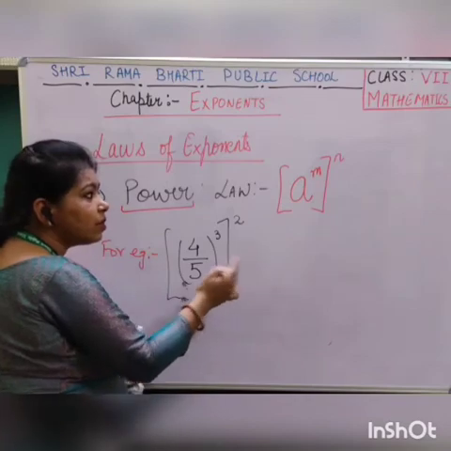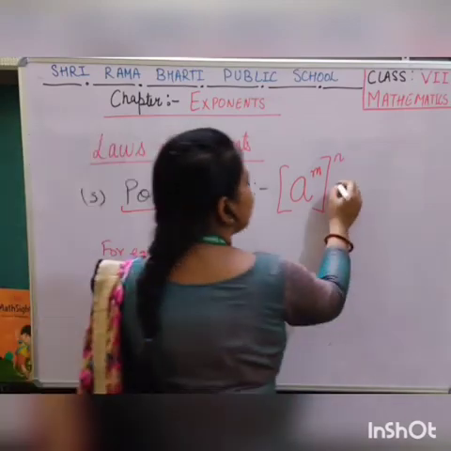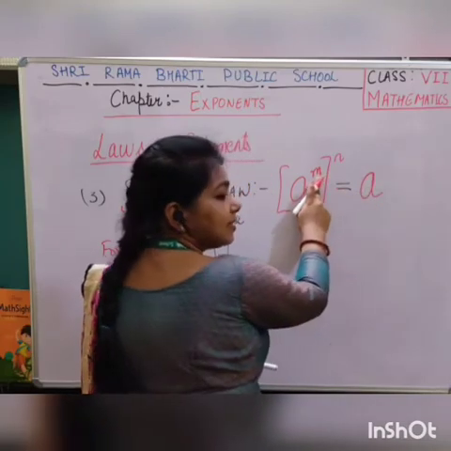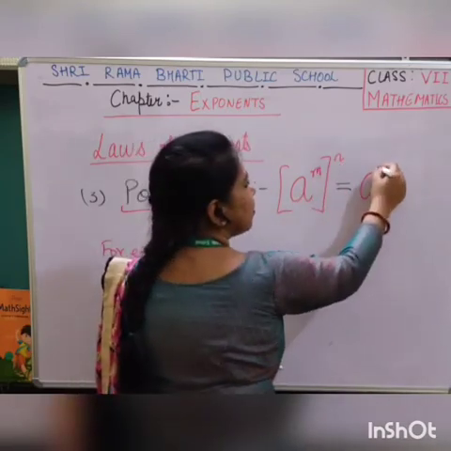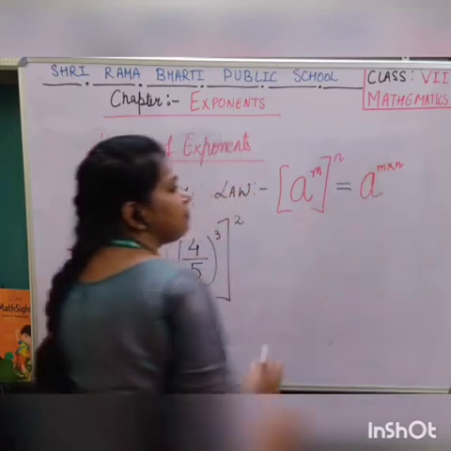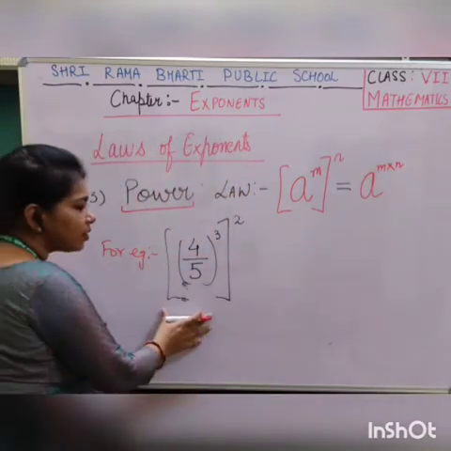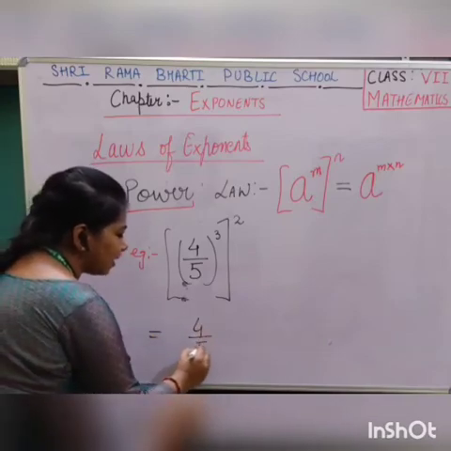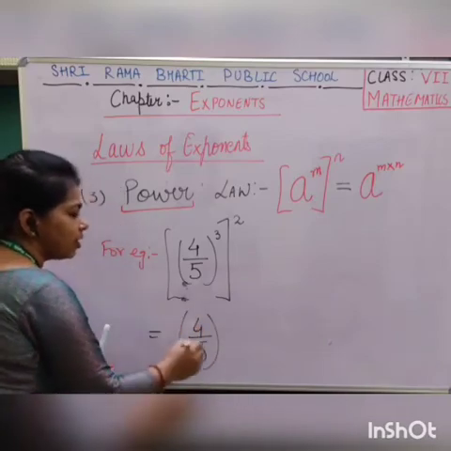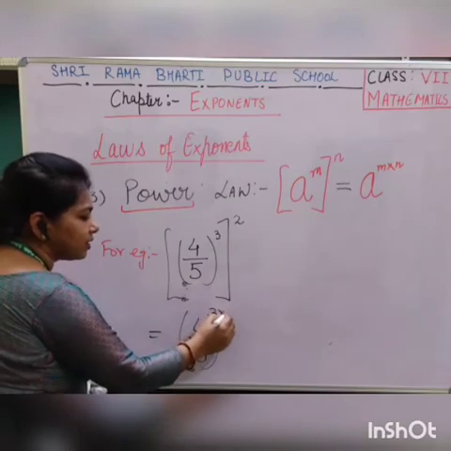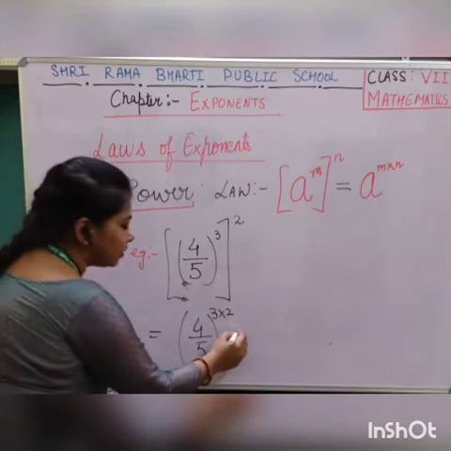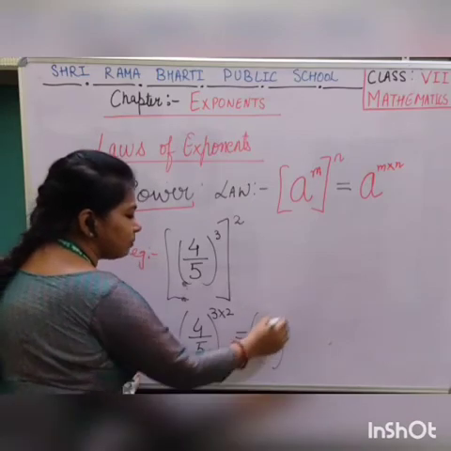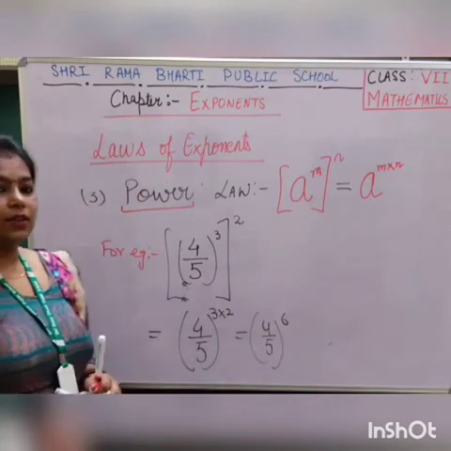So what will we do? The power inside and outside will get multiplied. So here also we will write 4 by 5 whole raised to the power 3 multiply 2. So it will come 4 by 5 whole raised to the power 6.